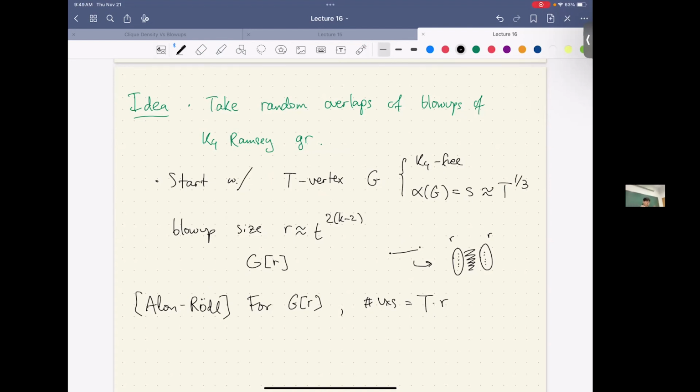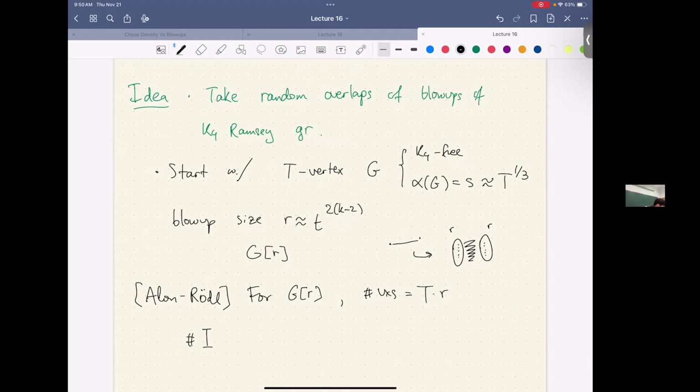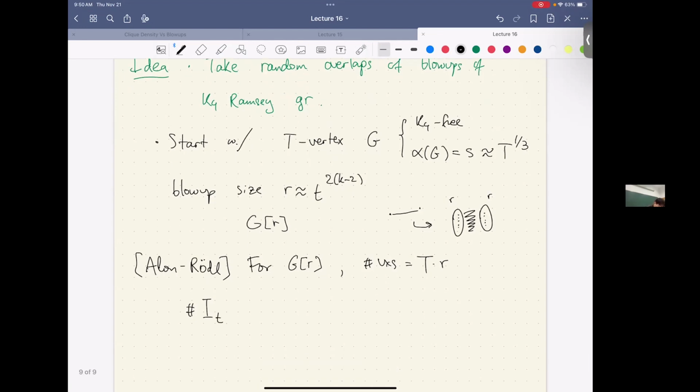If you blow it up, and now you count independent sets slightly larger than the independence number of the original graph, of size S log X basically, let me set T to be S log X. We can bound the number of independent sets of size T by at most some quantity M. I can write it here if you want to see it.